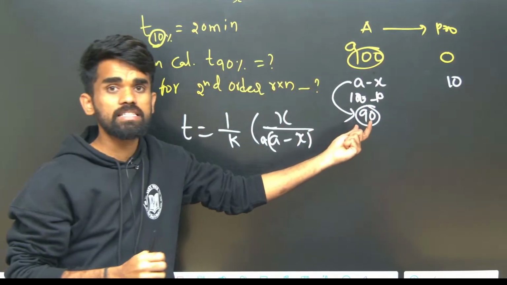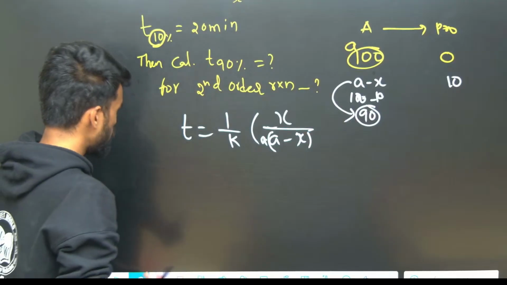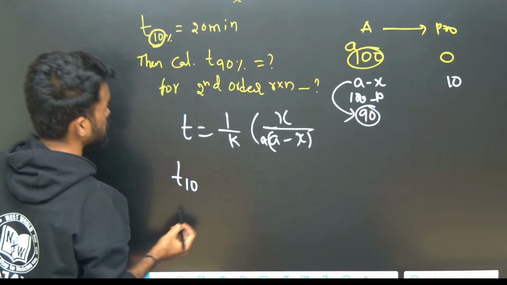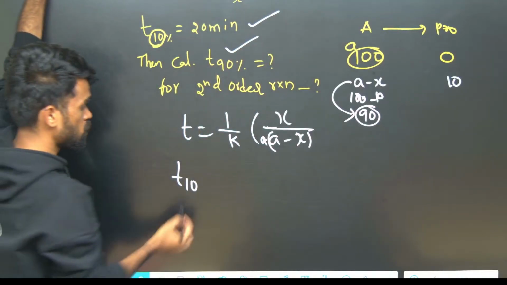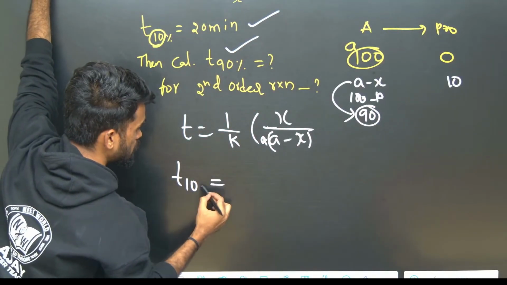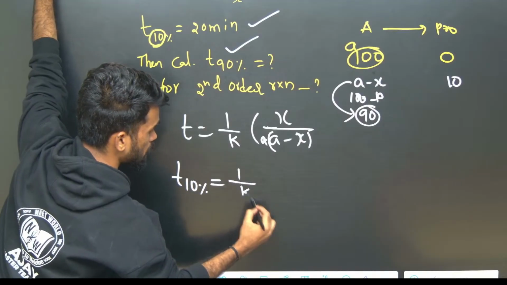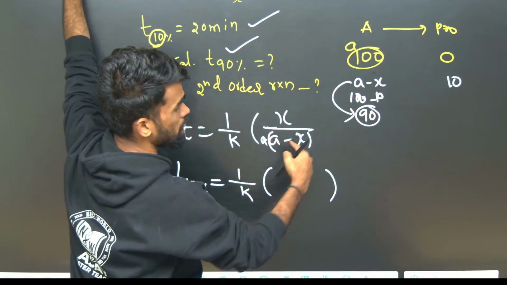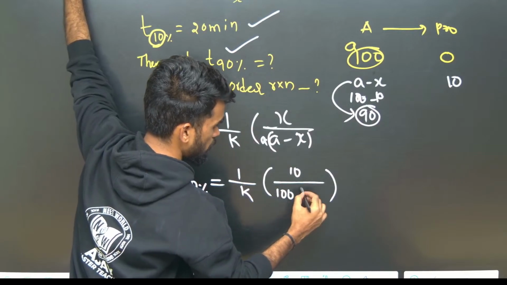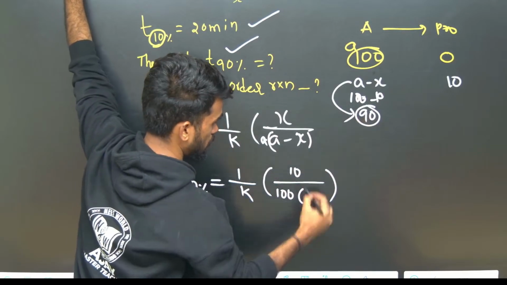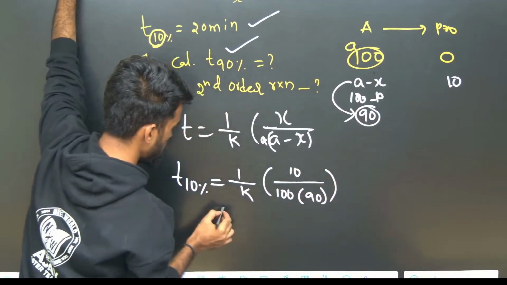Understanding this is very, very important here. For T 10%, the data is given, and they are asking for T 90%. So T 10% equals 1 by k into x by a into (a minus x), where x is 10, a is 100, and a minus x is 90. Write that here, and I am taking the ratio.